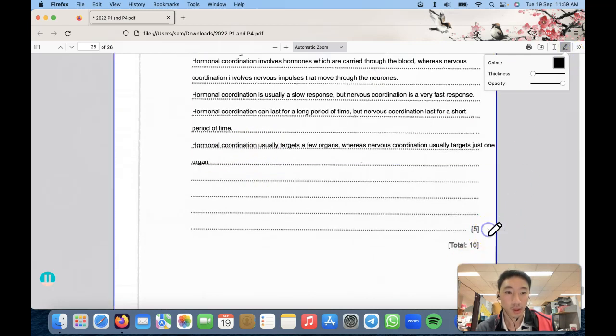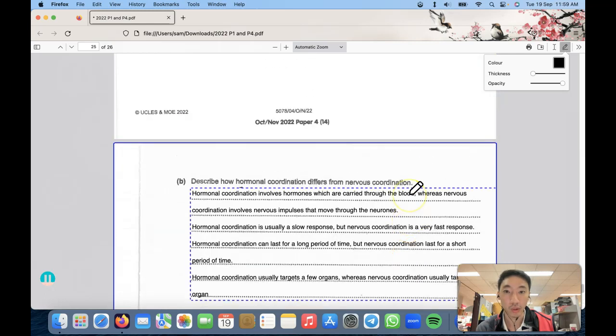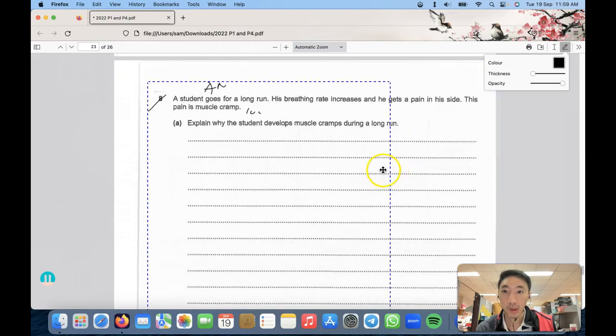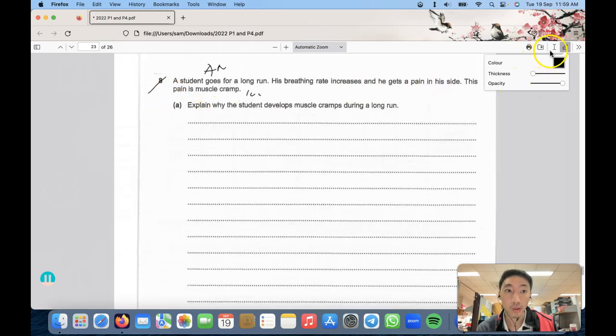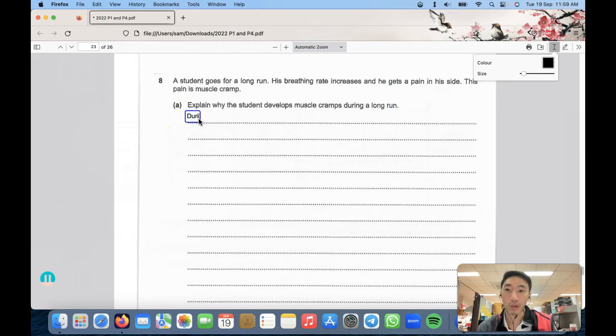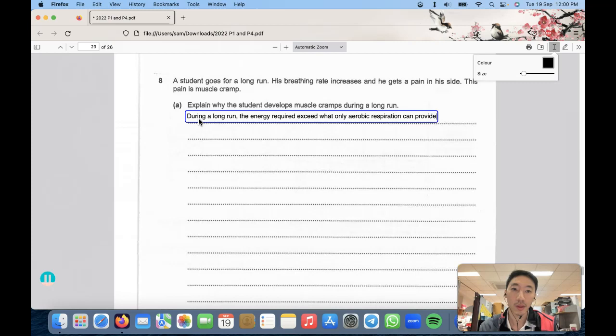So let's go back to the question that we skipped. A student goes on a long run, breathing rate increases, and gets pain in the side. This is muscle cramp. During a long run, the energy required exceeds what only aerobic respiration can provide.